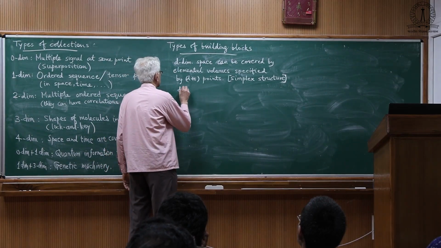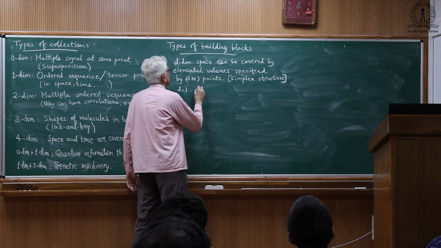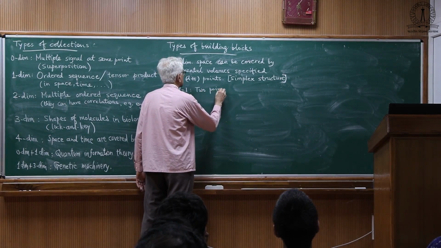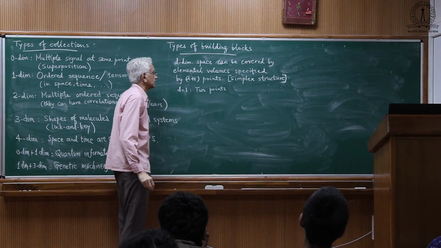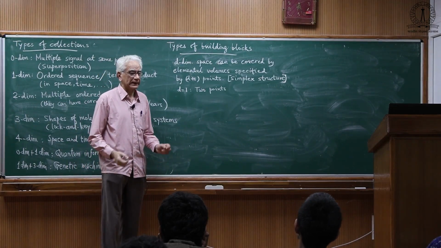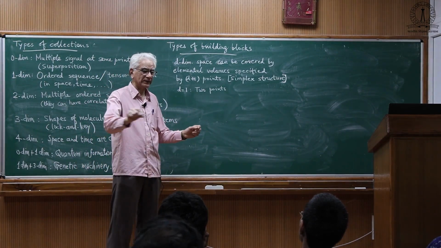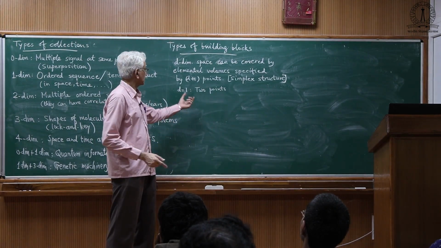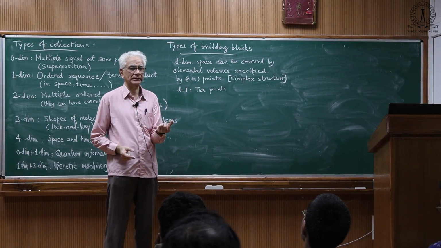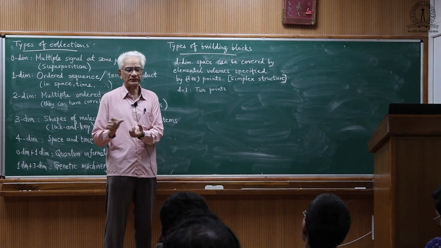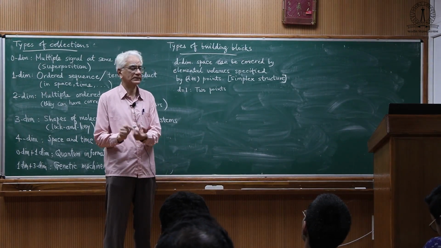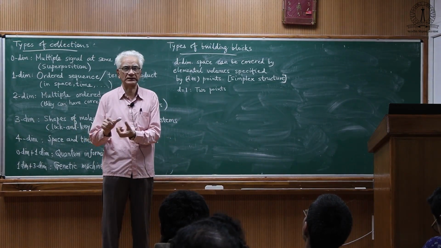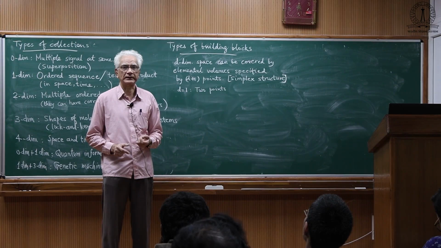So here there are two points, and any one-dimensional object can be covered by a segment made up of 2 points. I can put lots of little intervals, each an elementary component of the volume, next to each other, and I can cover the whole line.